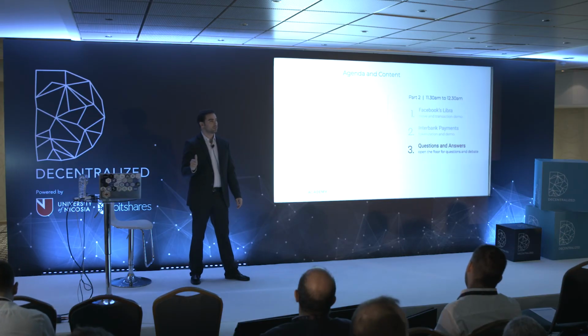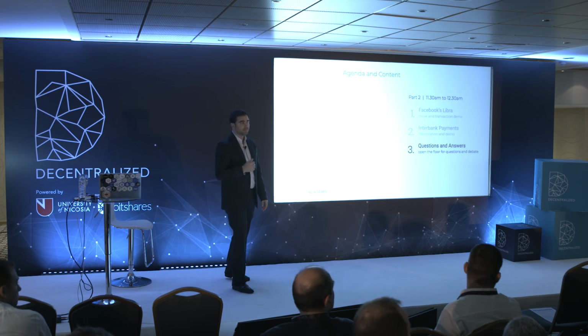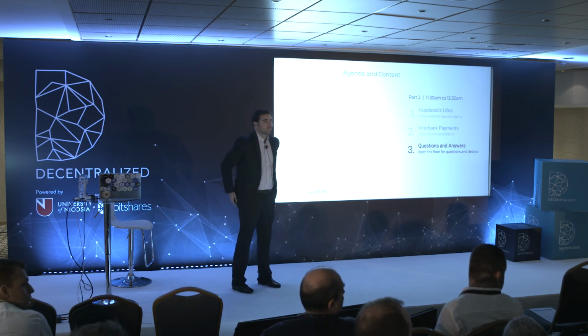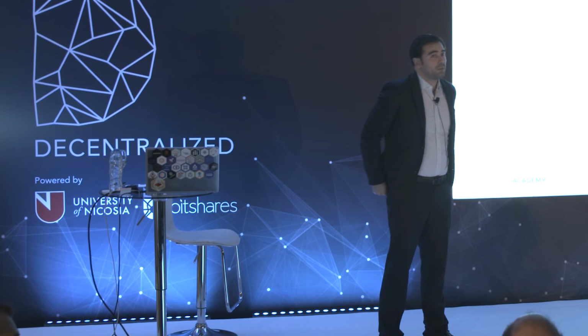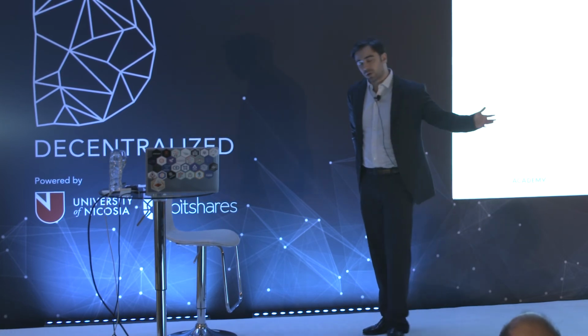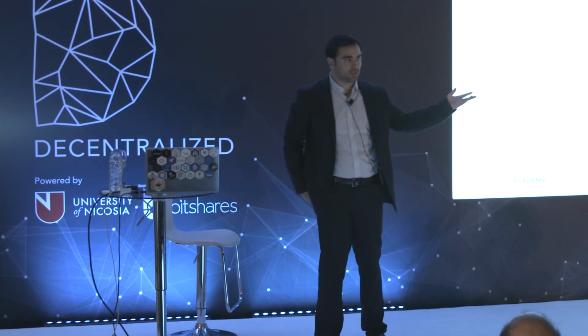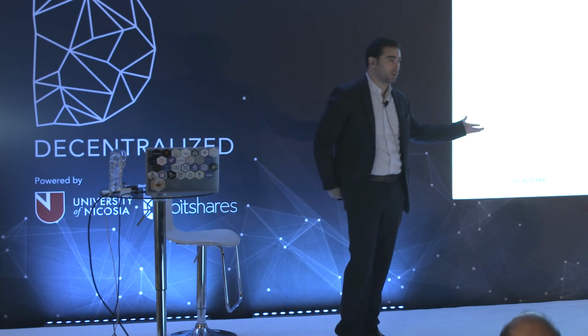Other questions? How do you see Libra being implemented at the checkout for e-commerce, for example? When you've done your shopping, what would happen after that, and how would it be configured? If I understand your question correctly, it's about a merchant transacting who just wants to hold fiat, not Libra.